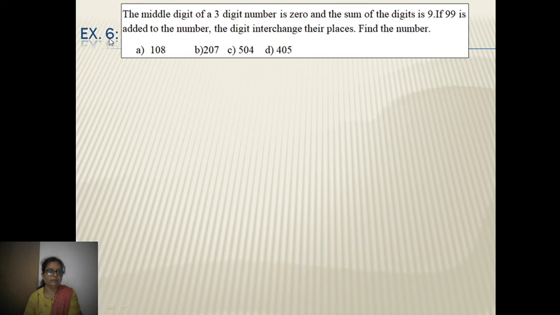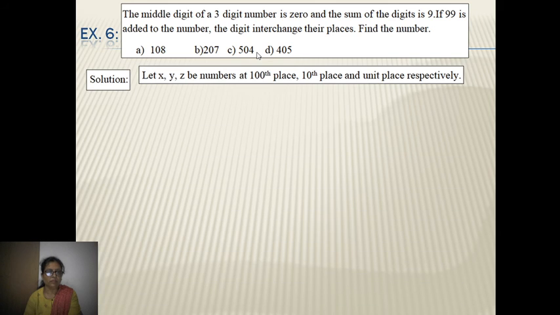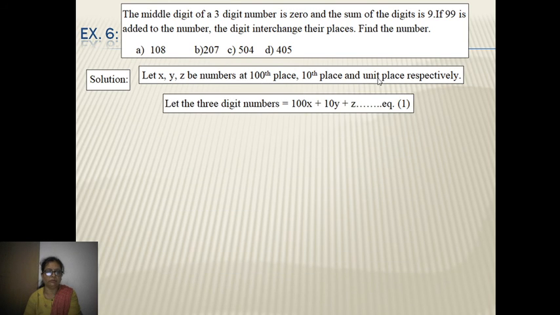Now, example number 6. The middle digit of a three-digit number is 0 and the sum of the digits is 9. If 99 is added to the number, the digits interchange their places. Find the number. For this, x, y, z are three variables at the 100 place, 10 place and unit place respectively.